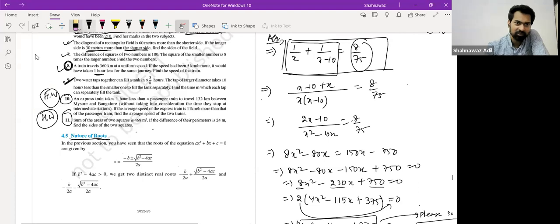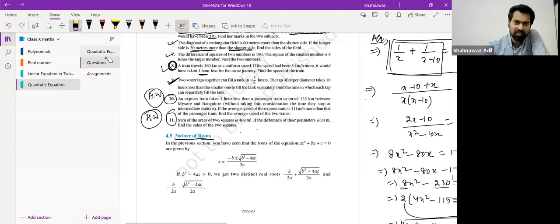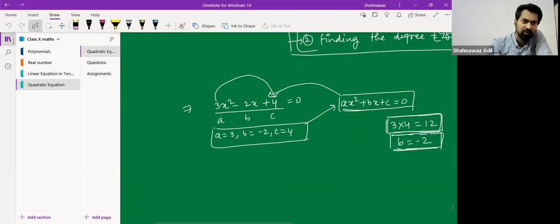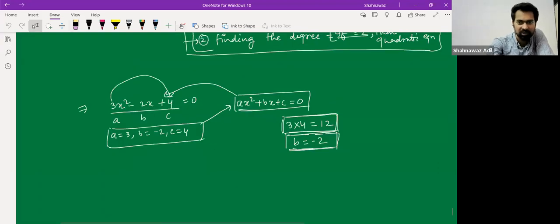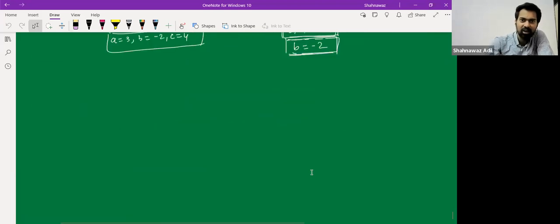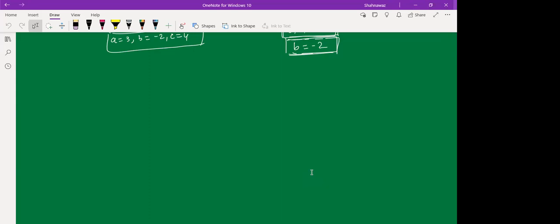So the next topic is the nature of roots, as you can see. What does it tell? What is the meaning of the nature of roots? Are the roots good or bad? That is not the meaning.